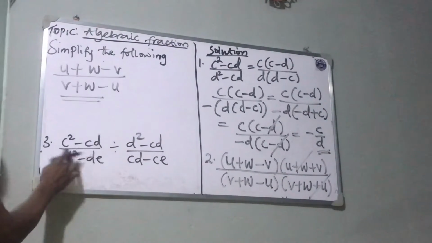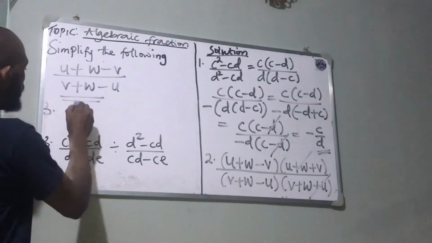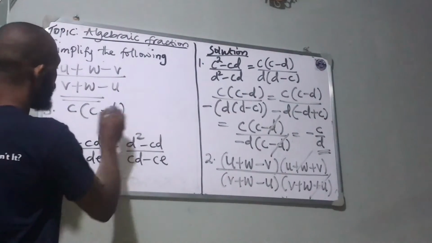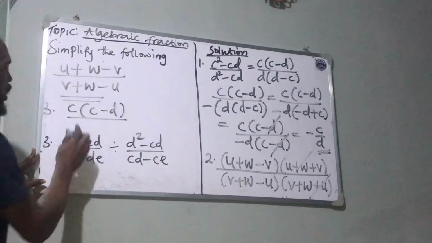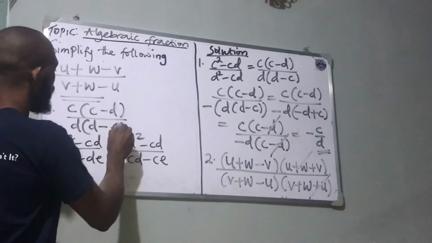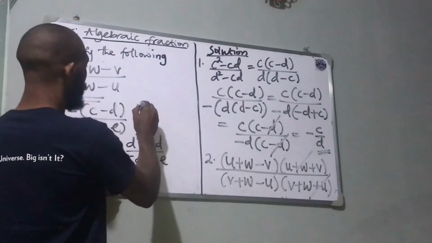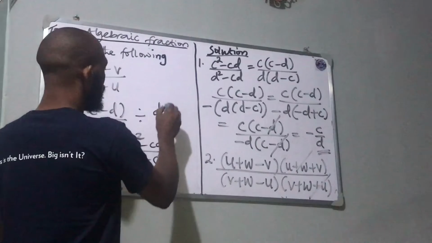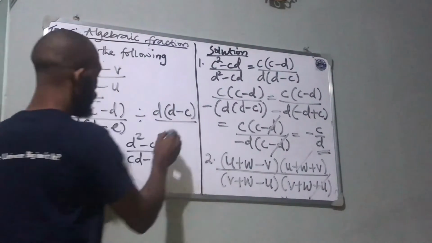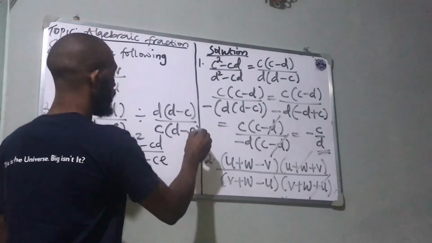Now let's see how we can factorize this. c is common here, so for number 3 we have c minus d over d is common, we have d minus e. Like I said, this will give us d minus c over c, d minus e.